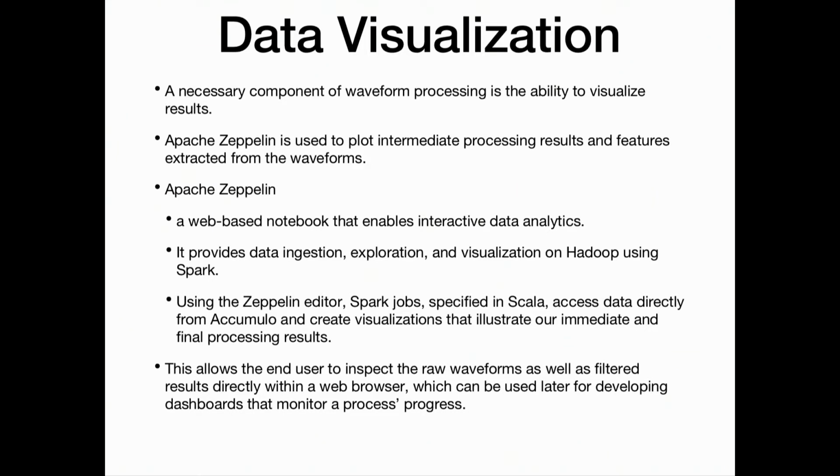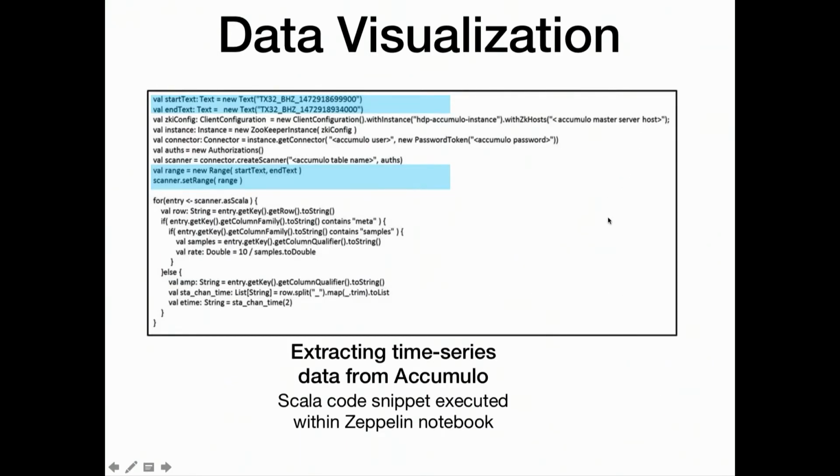Not everyone can do that, including me, but there are people that know how to look at the waveforms and say that's good or bad, and it would be helpful to have a visualization for that. To perform that, we used Apache Zeppelin because it was very easy to use and it had Spark capabilities baked in. This is a little piece where we're establishing a range and doing an Accumulo scan.